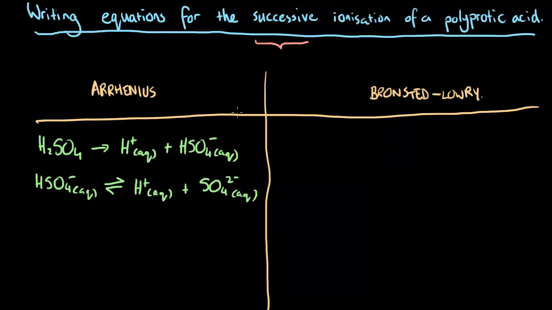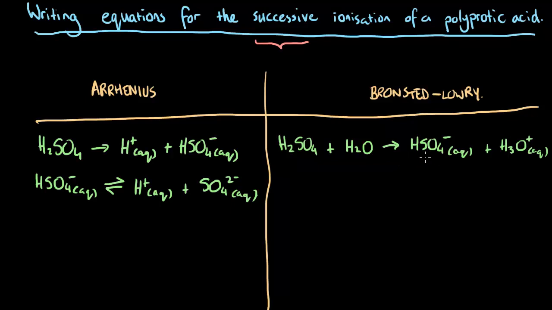If we had to do the same type of equation but using Bronsted-Lowry theory, then we would need to involve water in our equations. So we'll start off with H2SO4, which was our starting product, plus H2O, because H2O in this circumstance is going to be the proton acceptor. They react together to form HSO4- plus hydronium ion.